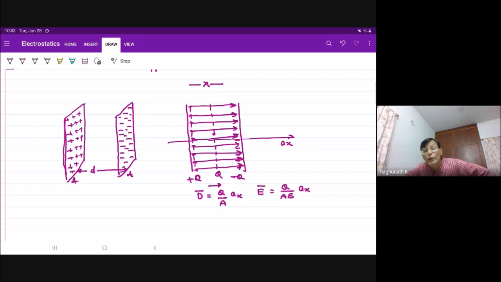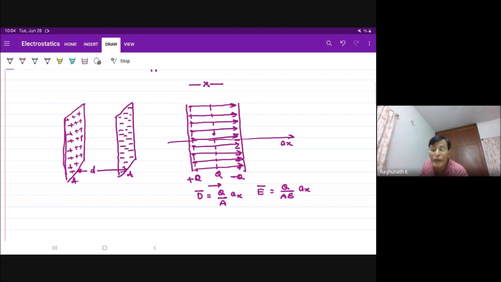One point worth speaking about here is that if I have two charged parallel plates of area A, charged with Q coulombs, the electric field intensity in the region between these two plates is from positive plate to negative plate direction, and it is independent of the distance between the plates.